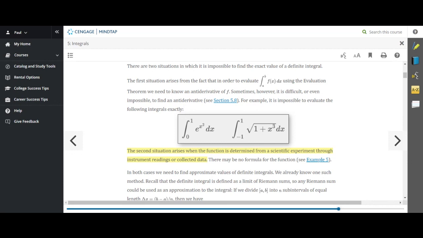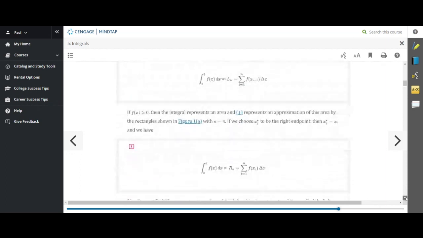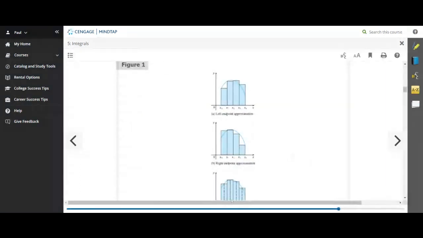Those concepts are still valid, right? If we want to approximate an integral, we certainly could divide the interval up into some subintervals, like they do here in Figure 1, and then produce some rectangles, and the sum of the areas of the rectangles would approximate the area under the curve.